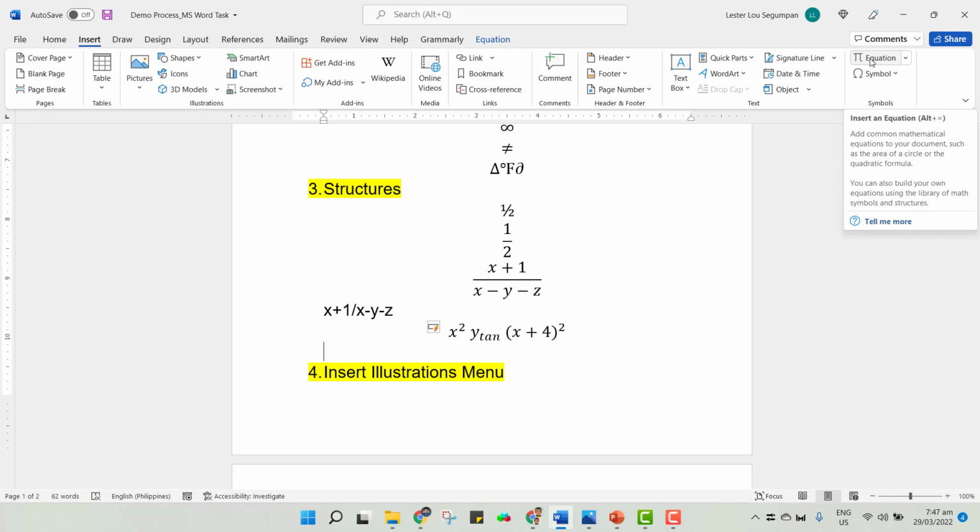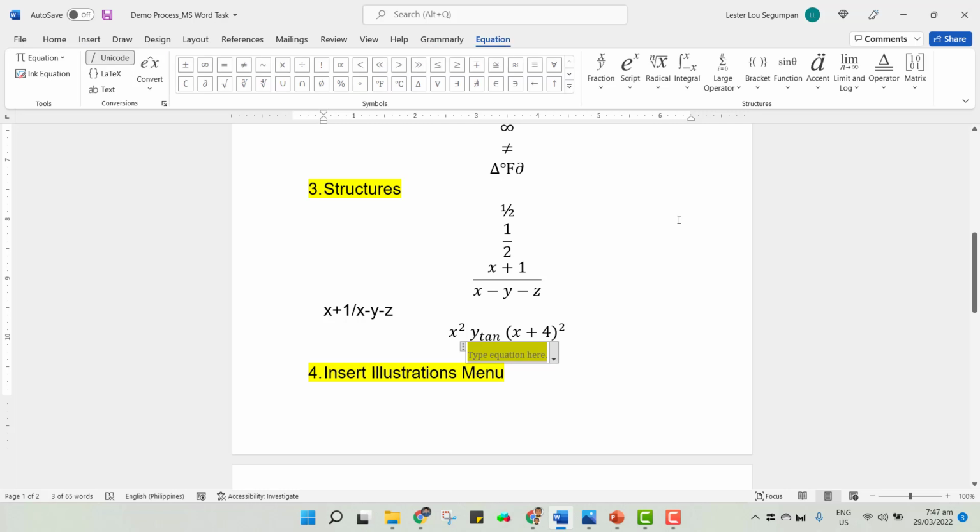So I'm going to click this equation on, Alt plus equals again, the shortcut. Another form of a structure here is the radical. There are square roots. Okay? Because if you're going to use this square root symbol here, this is different. This is how it will look: the square root of x plus 1.